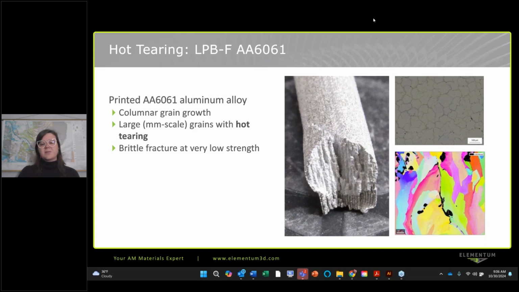And the reason for this is that we have these columnar grains, like you can see in this image of the tensile bar here, those long columns that are basically going up the tensile bar. And you can also see that in the colorful grain map where we're following the build direction, and we can see those grains growing upward in that material.